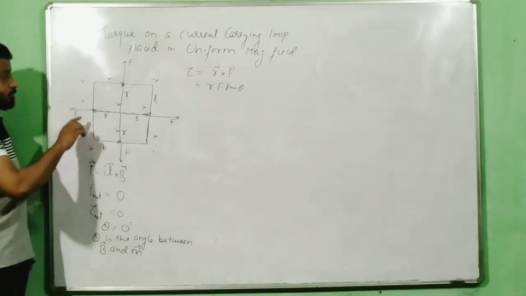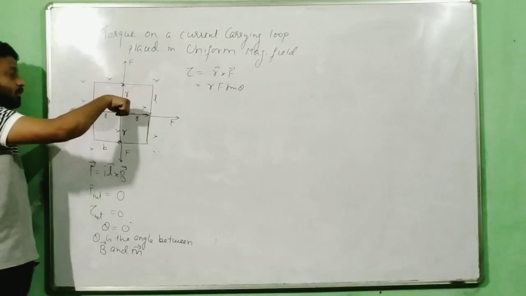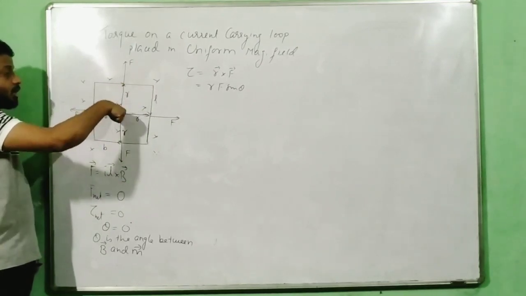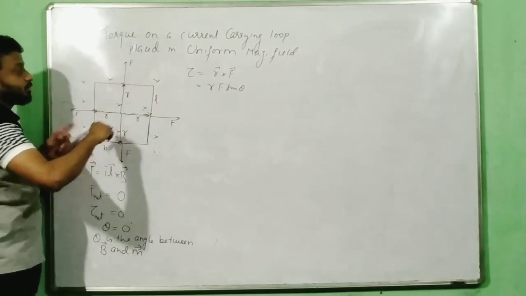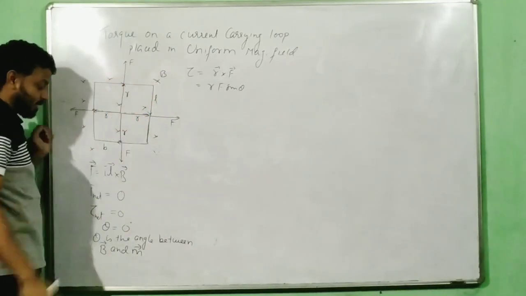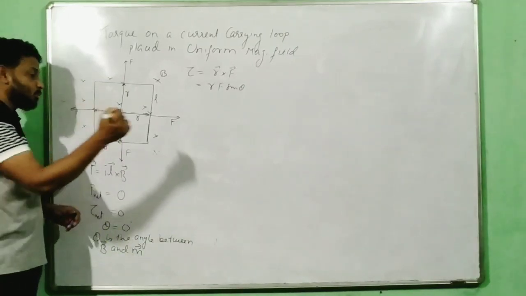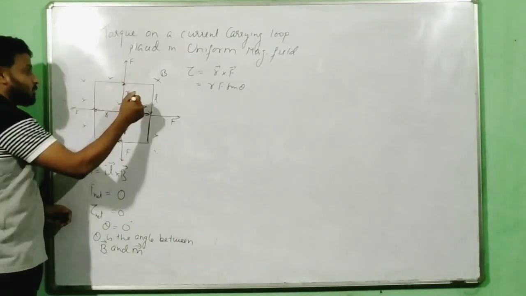Now what is the magnetic moment over here? If the current is flowing like this, the magnetic moment will definitely have a direction inward. Correct? Also the magnetic field, you can see the cross mark over here, that indicates the magnetic field is also inward. So that means theta is equal to 0 because the magnetic moment is inside, and the magnetic field is also inside.